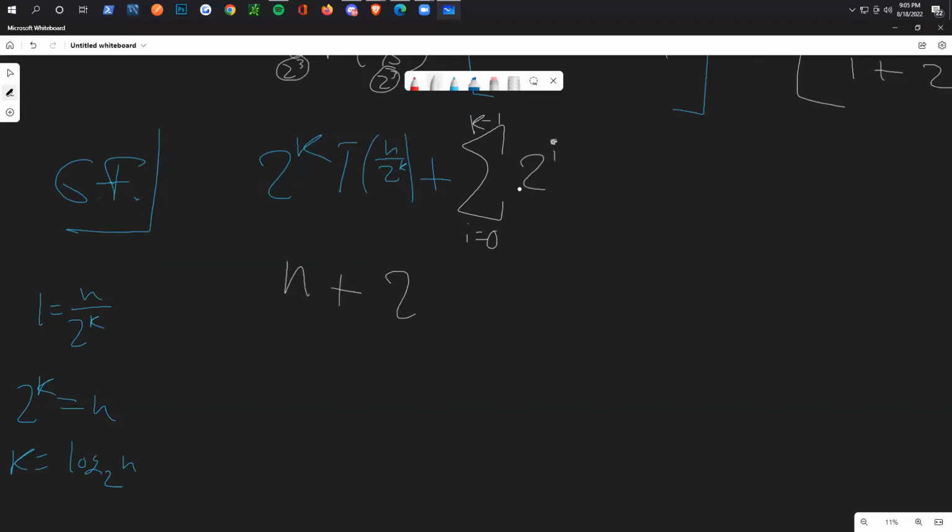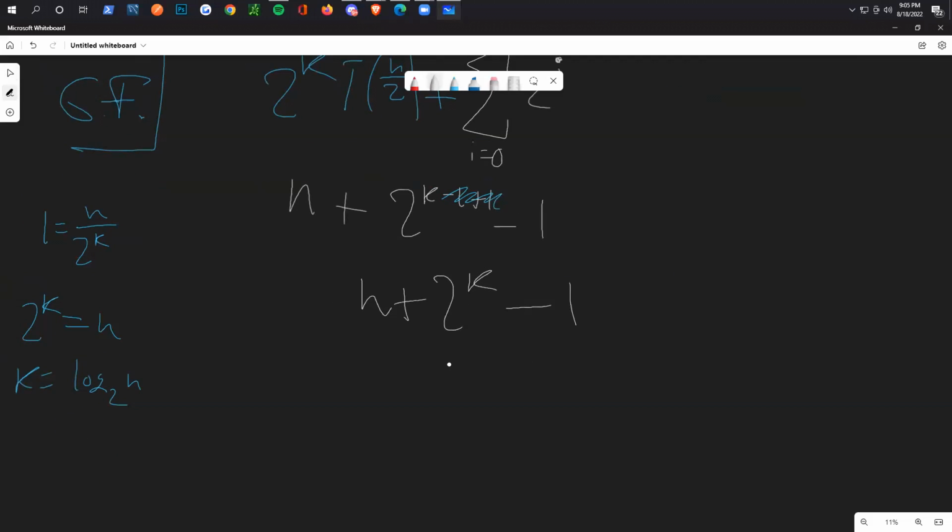Your x is 2 in this case. This is your x. 2 to the k minus 1 plus 1. Then you have minus 1 on the outside over 2 minus 1, which is just 1, so we can remove that. So this is what we're left with. We know that minus 1 and plus 1 cancel out. So now we have n plus 2 to the k minus 1.